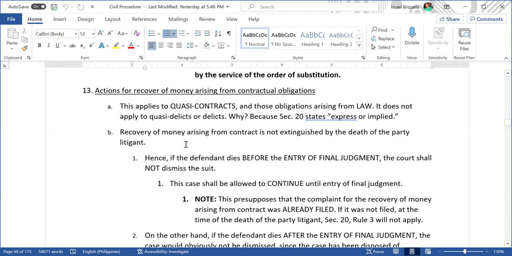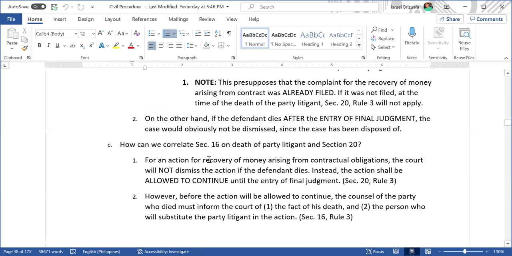On the other hand, if the defendant dies after the entry of the final judgment, the case would obviously not be dismissed, since the case has been disposed of. So how can we correlate Section 16 of death of party litigant on Section 20? For an action for recovery of money arising from contractual obligations, the court will not dismiss the action if the defendant dies.